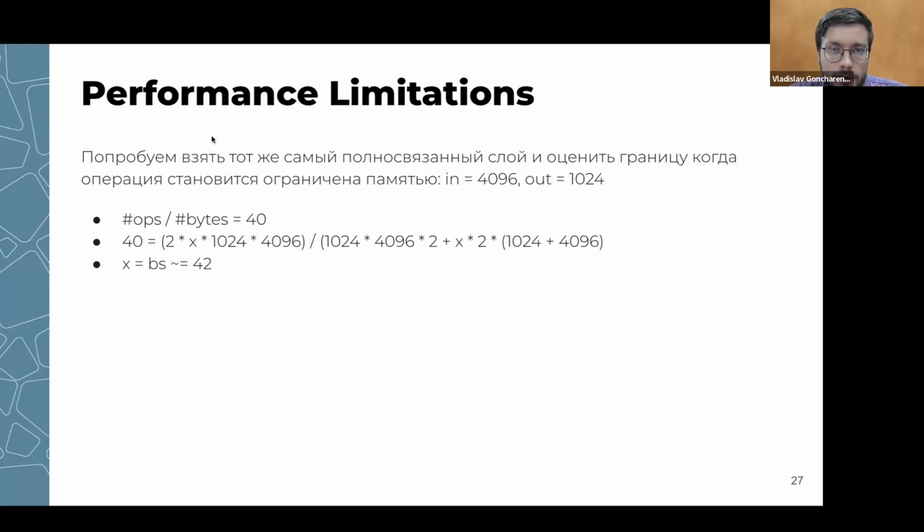So let's look at the linear layer and see which minimal batch size will provide great performance, so high arithmetic intensity, and it is around 42. The thing is that you want your memory and computation to be of one order of magnitude, because you don't want one to be bigger than the other. You want everything to be in harmony.